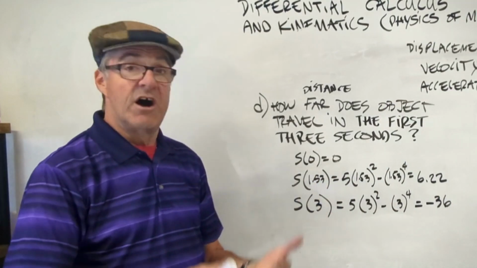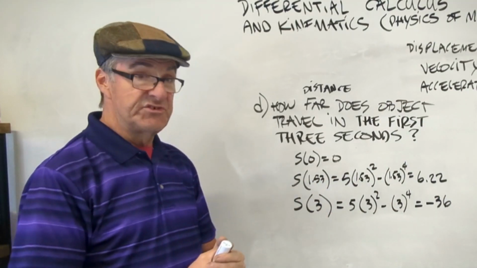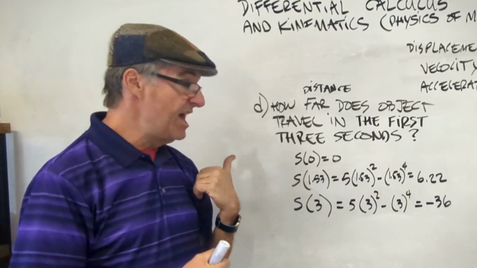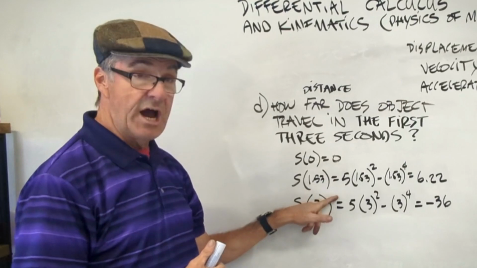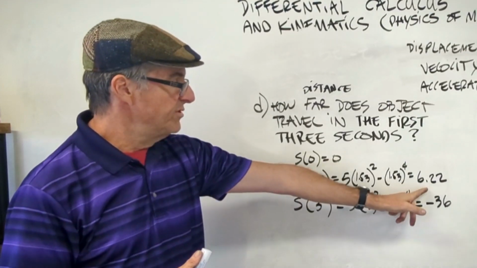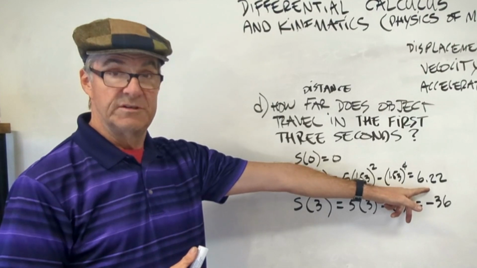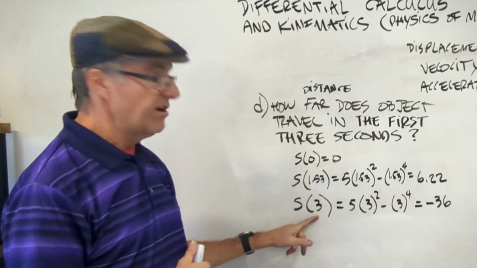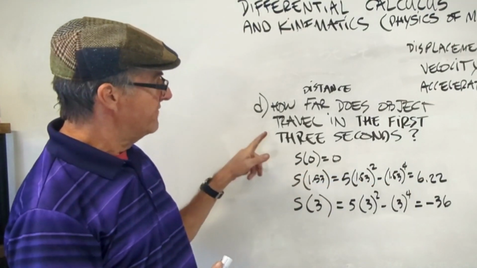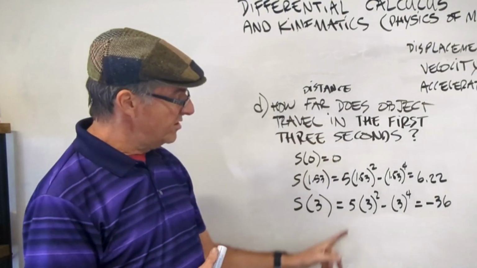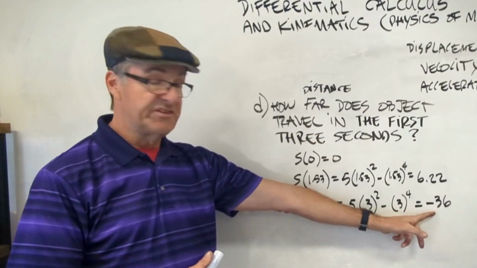Then after that, our velocity is negative. So instead of going one direction, we're coming back the other way. Our velocity is negative. So this place is where the object is at rest. So I put that in the displacement function, and our displacement is 6.22. So then I need to figure out what our displacement is at the end of our time period, which is 3 seconds. So I just put 3 into the displacement function, and that gives me minus 36.